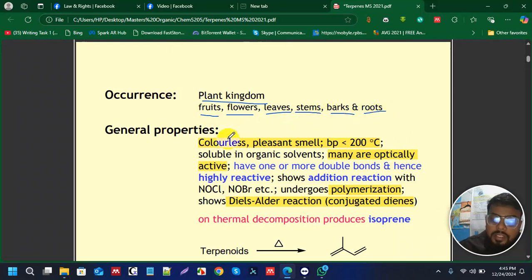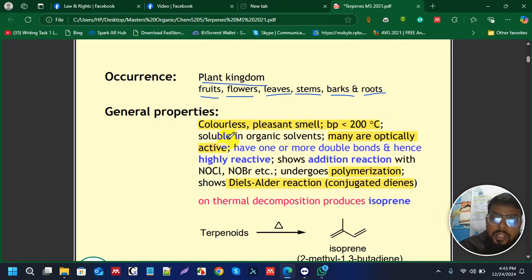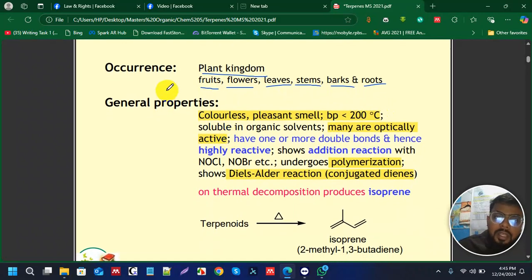If you look into the general properties of terpenes, in most cases they are colorless, have a pleasant smell, have a boiling point less than 200 degrees Celsius, and are soluble in organic solvents. Many are optically active, have one or more double bonds, and hence are highly reactive.